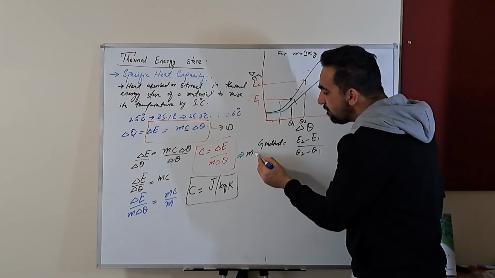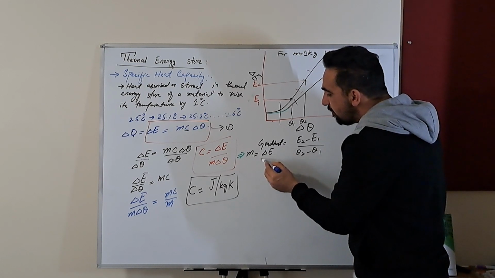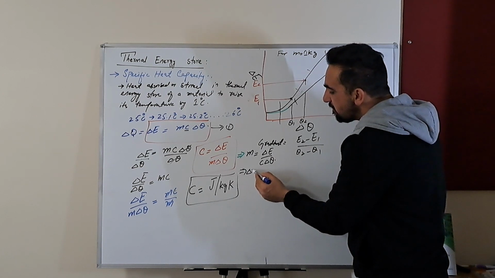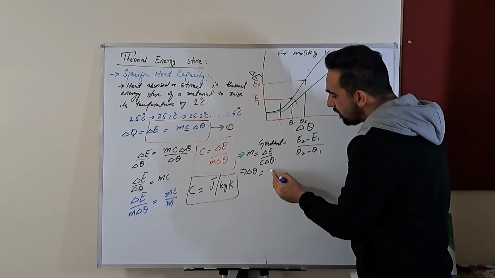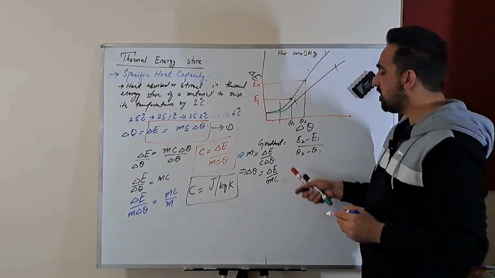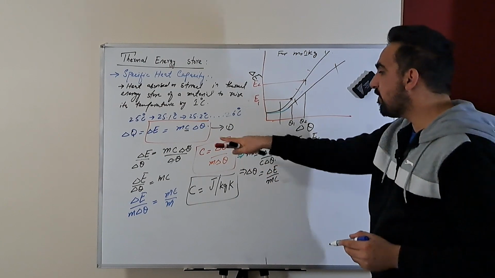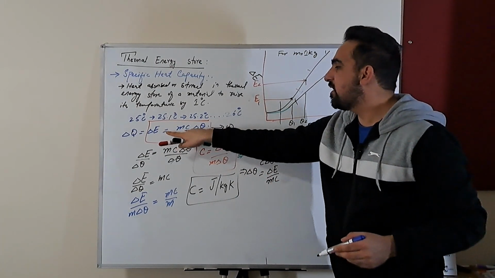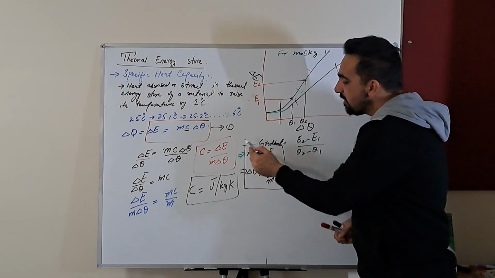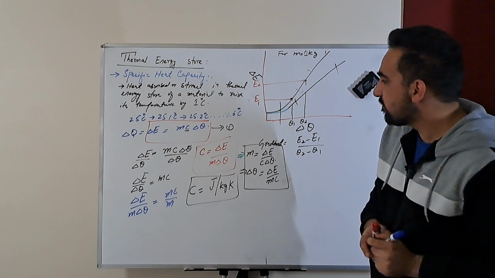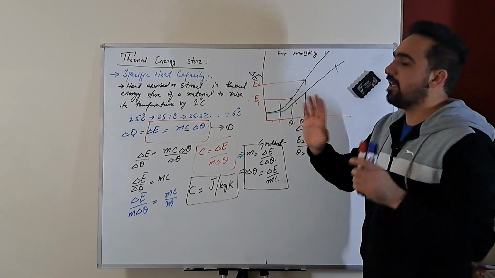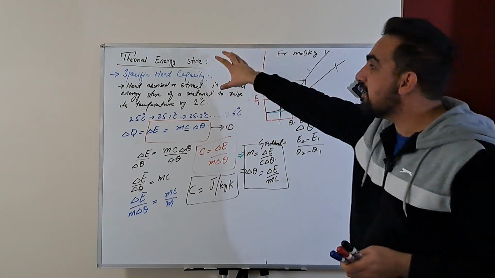So if I need to find mass, it will be delta E divided by c delta theta, and if I want to find change in temperature, it will be delta E divided by mc. So that's how I can find my different variables in the equation. We got four different variables, and if we got three values, we can use them to find the fourth one. Okay, so that's how specific heat capacity connects with the thermal energy store.